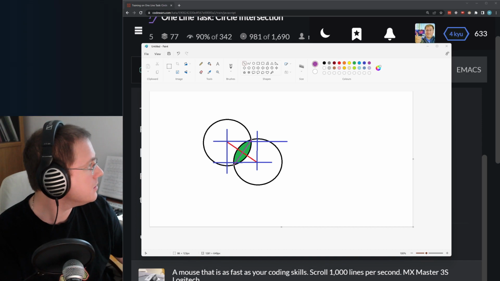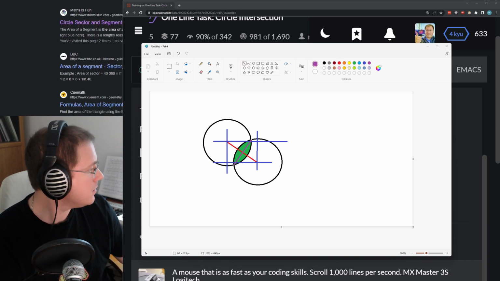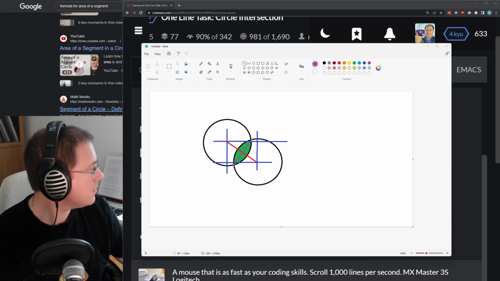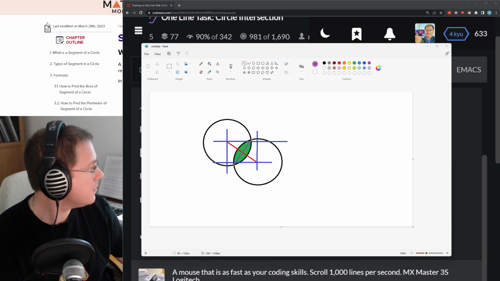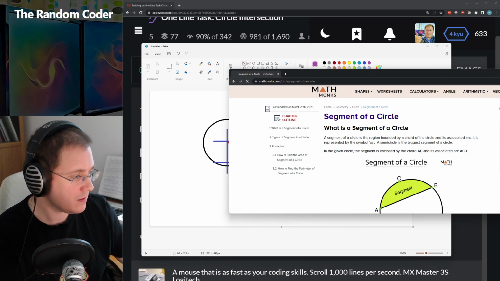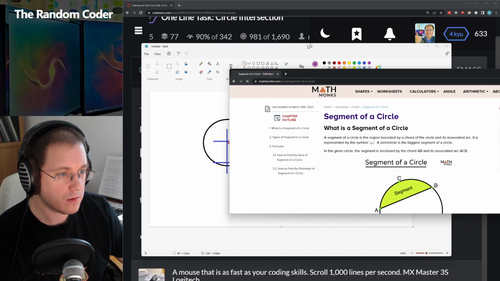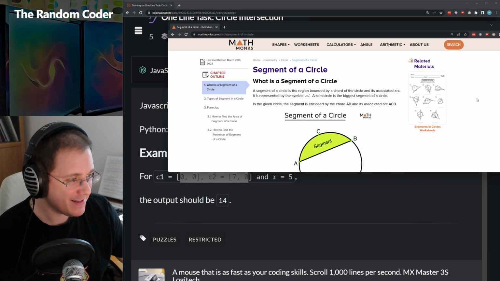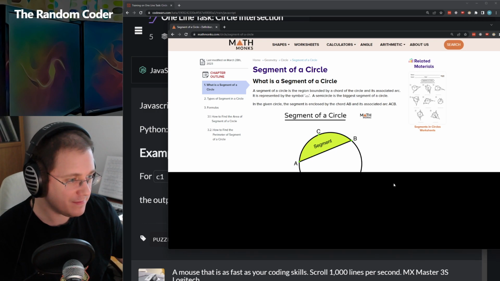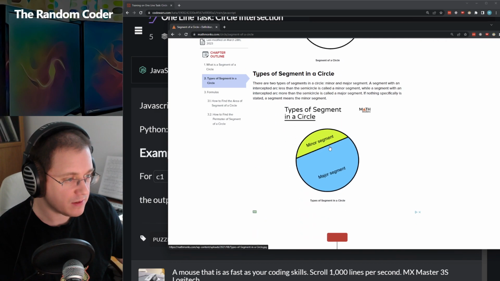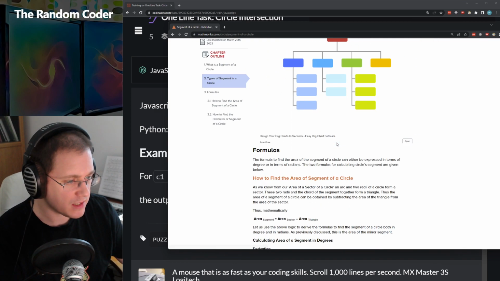Area of a segment. Segment of a circle. Okay, my PC's lagging. Area of a segment, a minor segment.